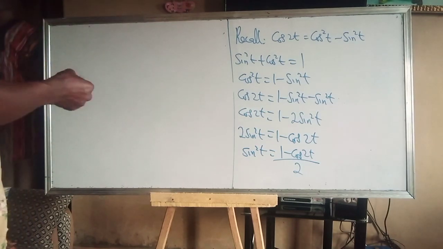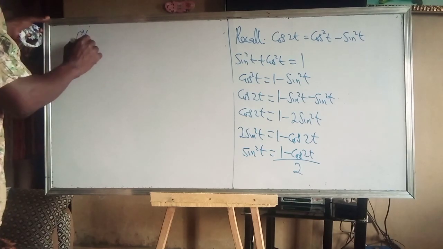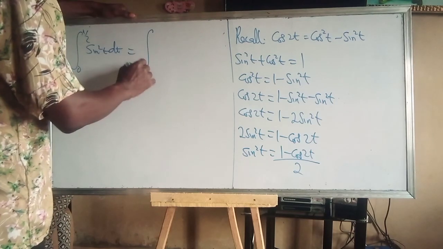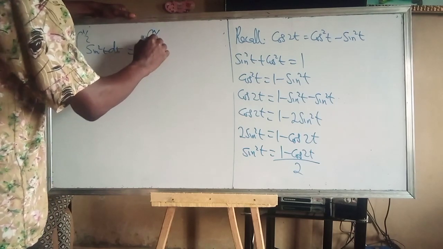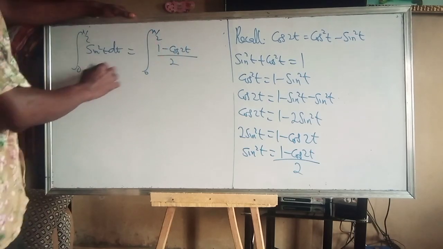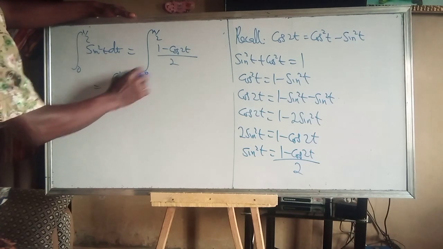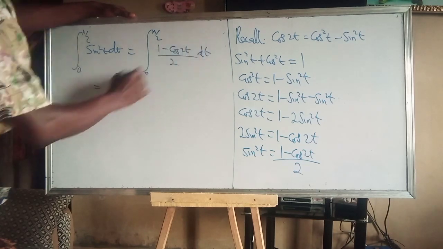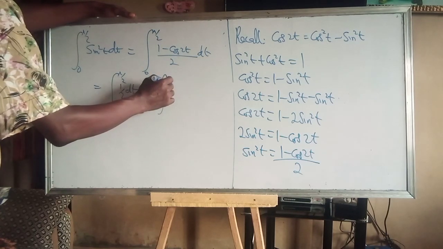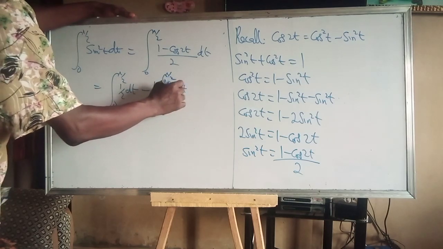So our A now will become the integral running from 0 to pi over 2 of 1 minus cos 2t all over 2, which is the same thing as, you can split it as, the integral from 0 to pi over 2 of half dt, don't forget dt, minus 1 over 2 integral from 0 to pi over 2 of cos 2t dt.